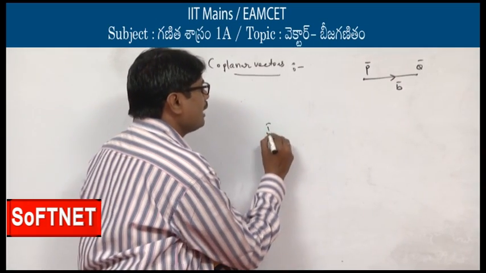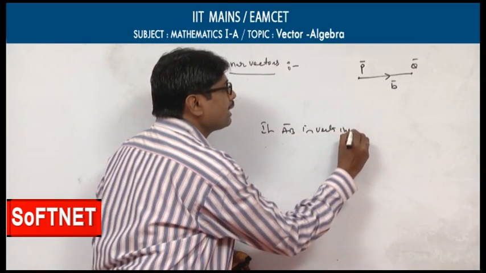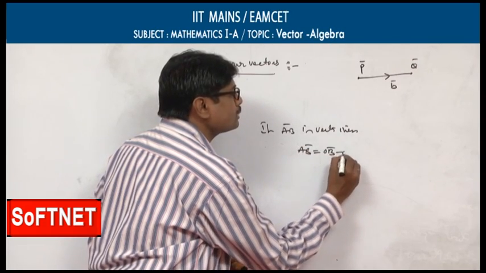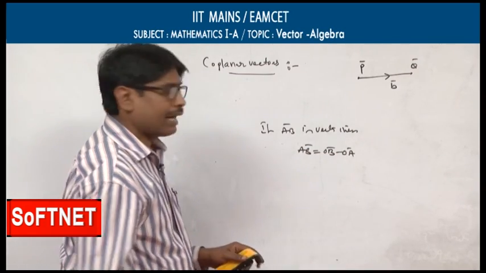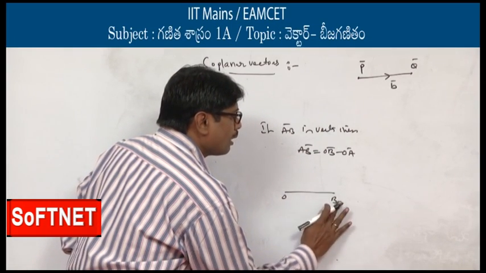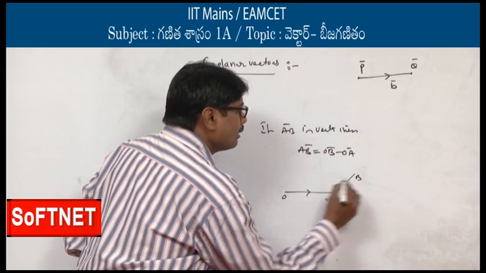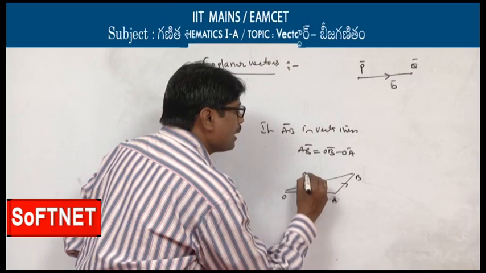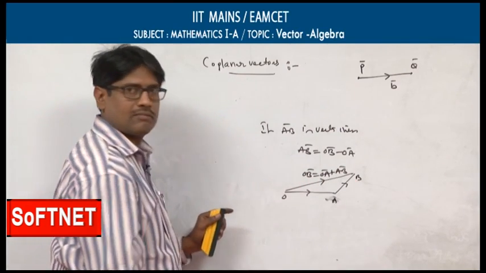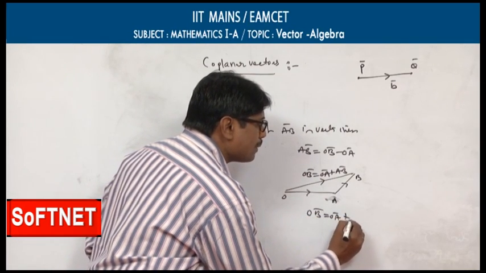If AB bar is a vector, then it can be expressed as OB bar minus OA bar. By the triangular law of addition, if you take OA bar and AB bar, then OB bar is equal to OA bar plus AB bar.